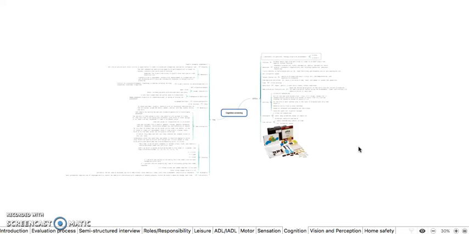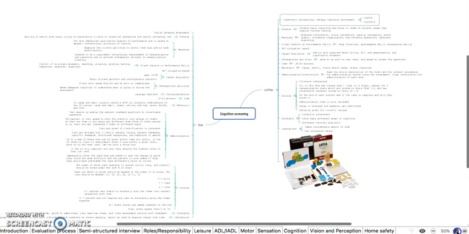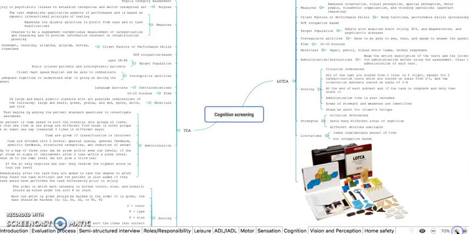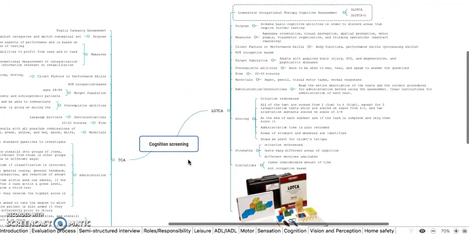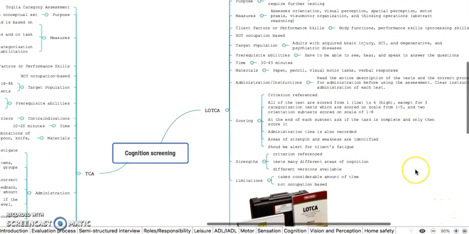Okay, so now on to cognition assessments. The 2 main ones we covered were the LOTCA and the TCA. And so the LOTCA has a couple versions depending on the population you're using or assessing.